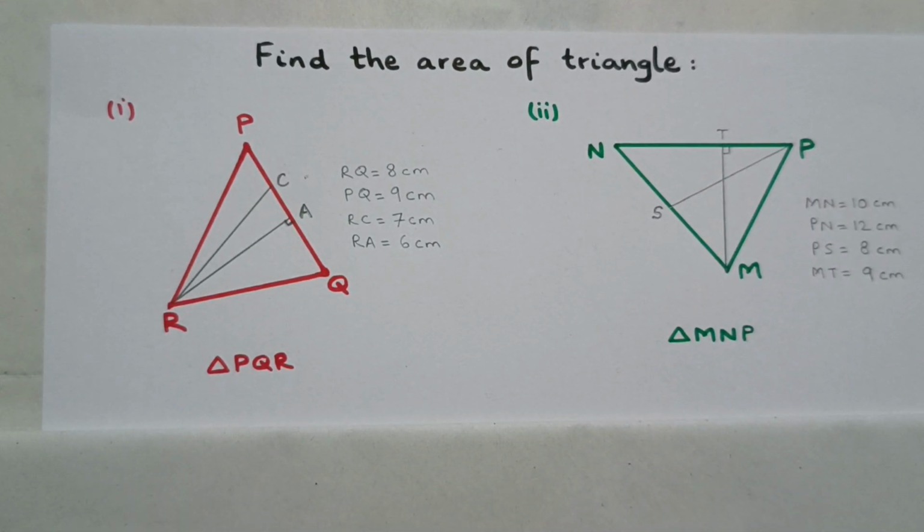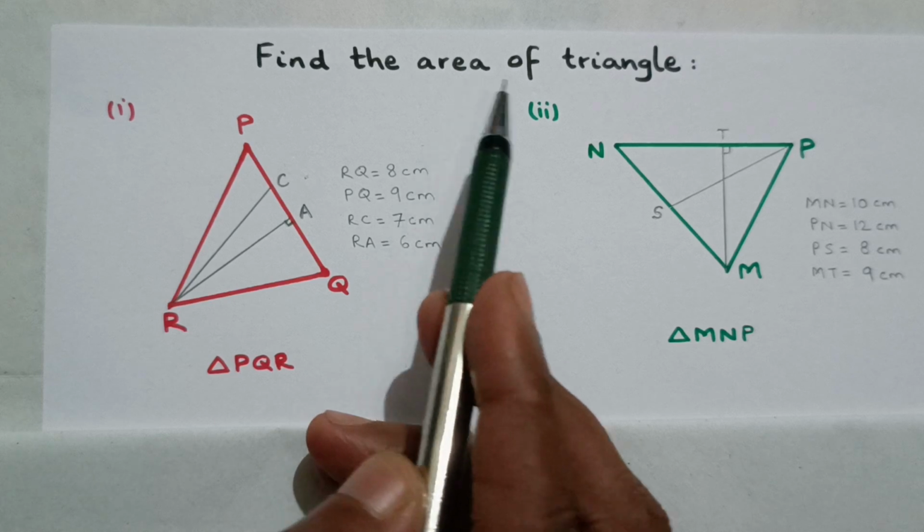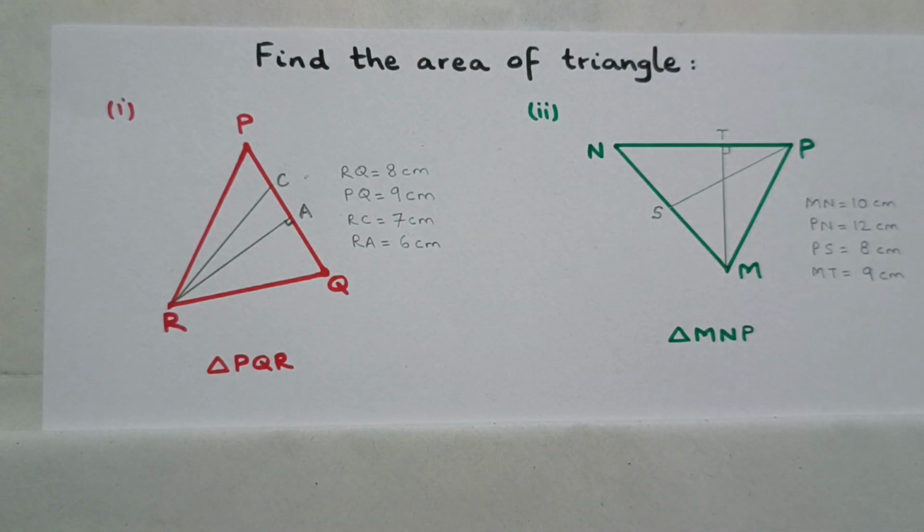Now, there are many formulas for finding the area of a triangle, and the formula that we will be using in this particular question set is area of triangle is equal to half into base into height.